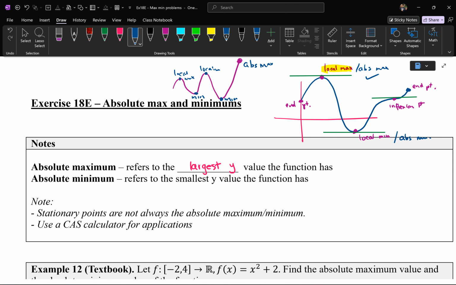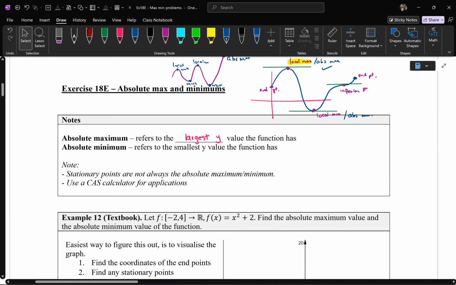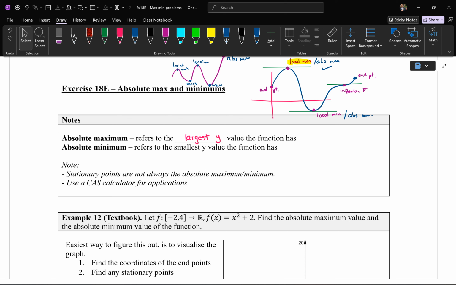And the problem is that there are some graphs that you won't be able to picture. That's why learning to find stationary points gives you some information. Okay, so let's do some examples just to get you feeling how to do it. That's the idea. So that's the difference between absolute max versus local max. Local max is localized, turning points. Absolute max and absolute min just means the highest y value, lowest y value.